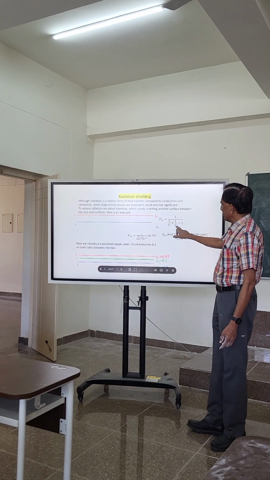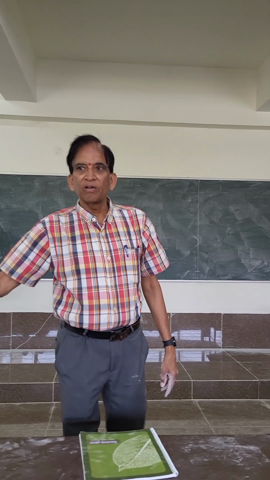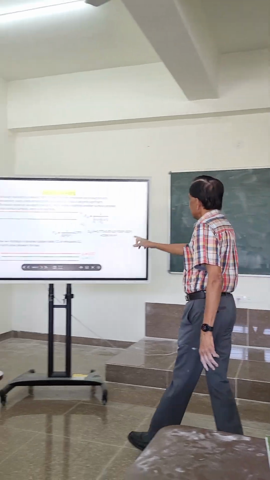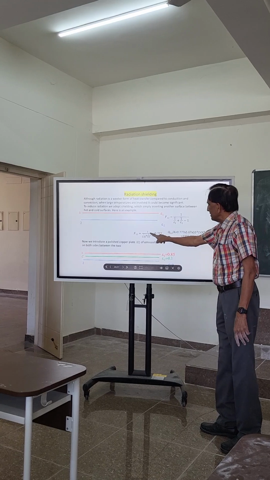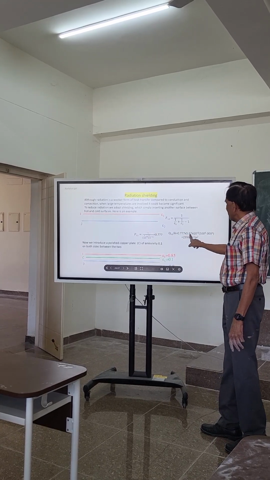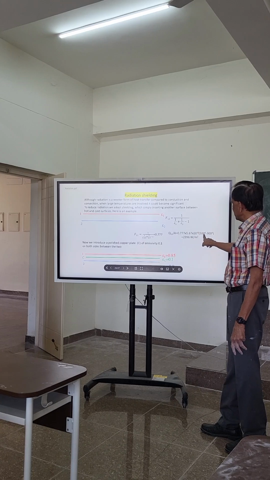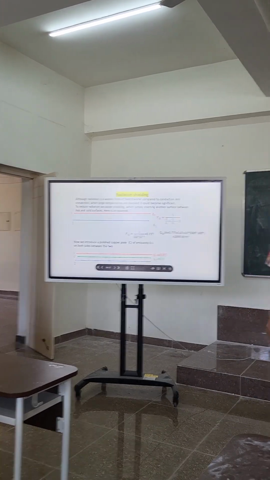The emissivity factor F12 is 0.777. Here we are calculating per unit area: 5.67 times 10 to the power minus 8, times hot temperature to the power 4 minus cold temperature to the power 4, giving 2396 watts per meter square.